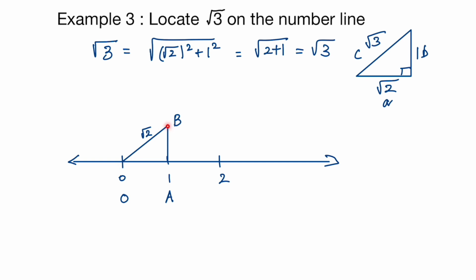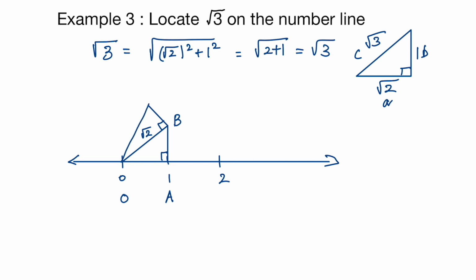So since we have root 2 here, we need a side at this point, then we can construct a right angle triangle. So I am going to draw a line of 1 unit in length, exactly vertical, 90 degrees to it. Now this also is 90 degrees and that also is 90 degrees.